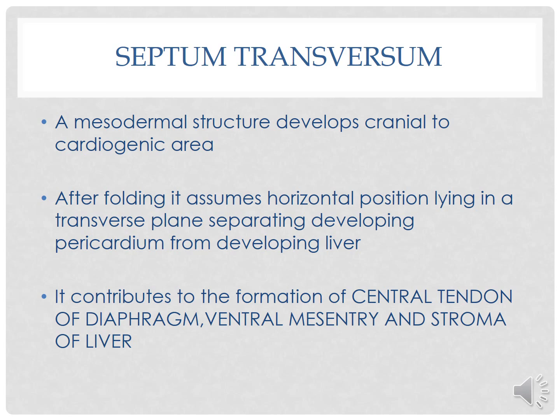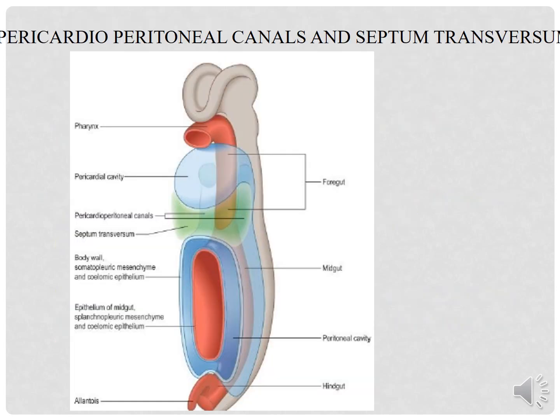And the septum transversum contributes to the formation, in adult life, of the central tendon of the diaphragm, the ventral mesentery and the stroma of the liver. In this diagram, this is the ventral view of the embryo, and we can see that after folding of the embryo around the 4th week, the pericardial cavity becomes cranial.